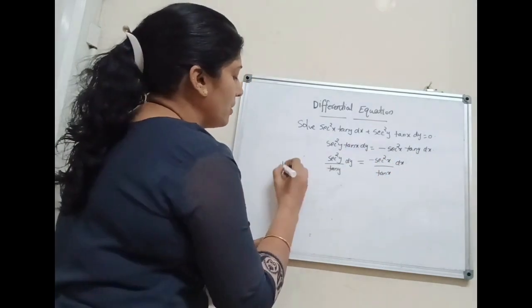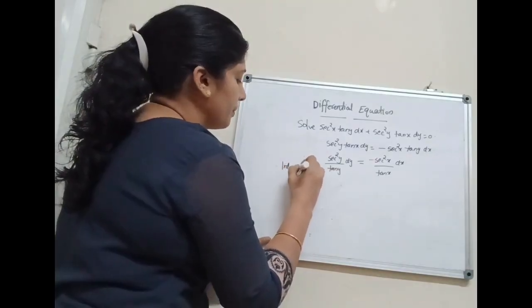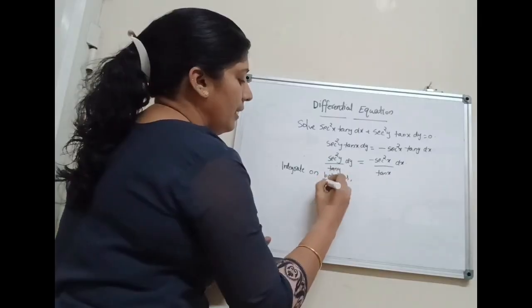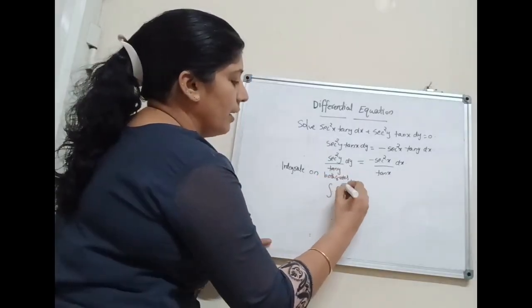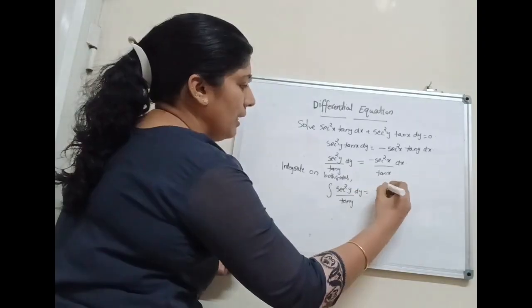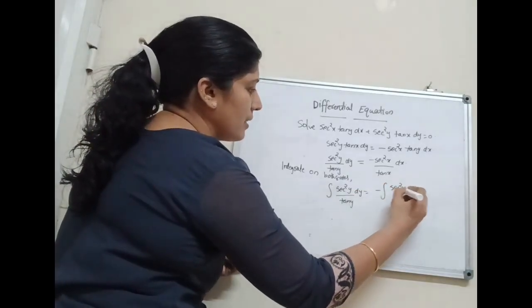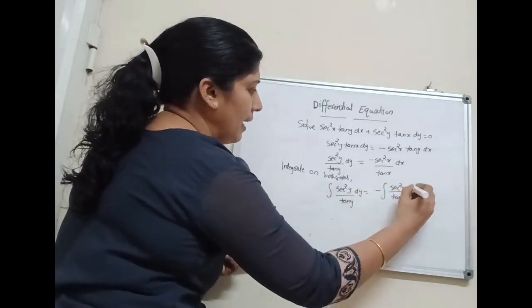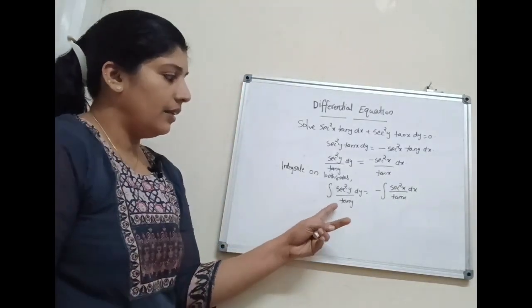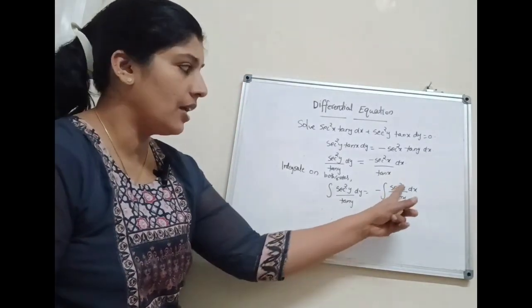Next, integrate on both sides. Integral sec square y by tan y dy equal to minus integral sec square x by tan x dx. Now here d by dx of tan x is sec square x.